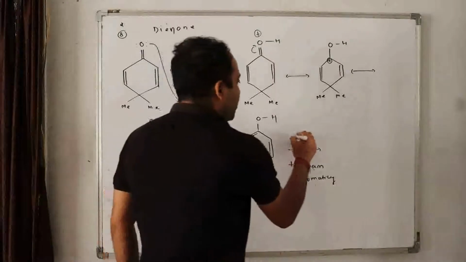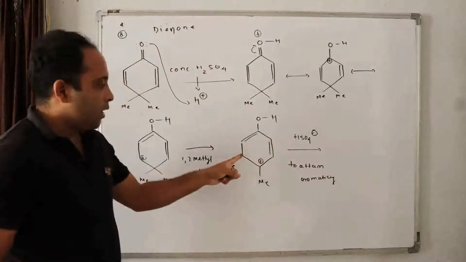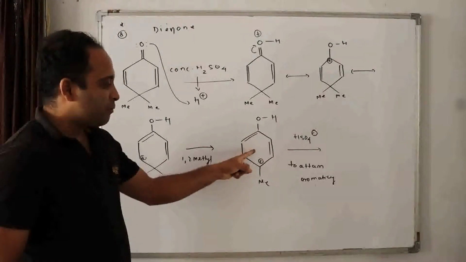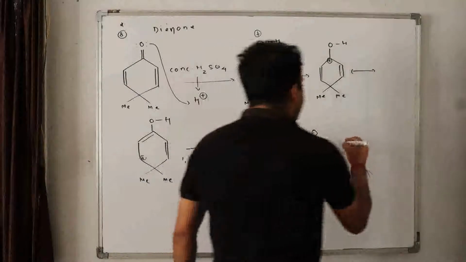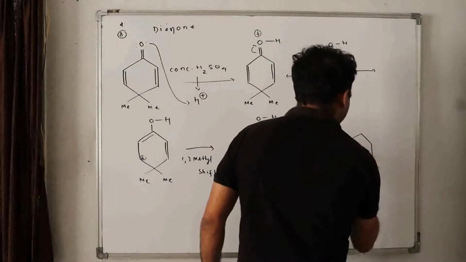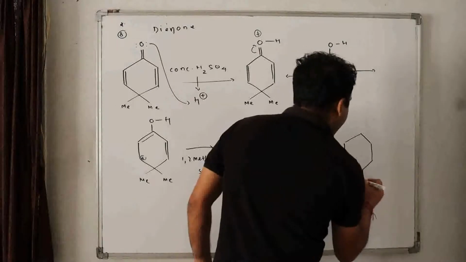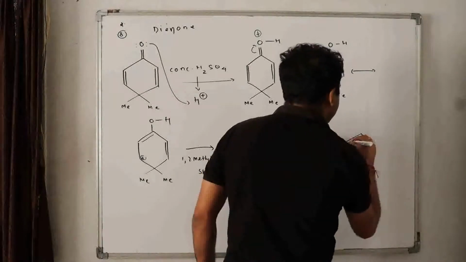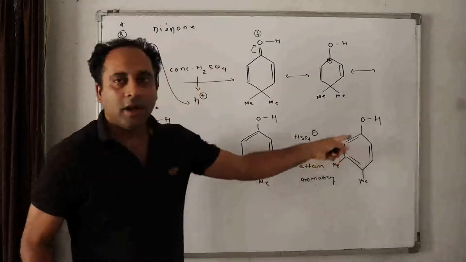What will happen? The HSO4 minus, the base present, what will it do? It will take out an H plus from this position. So this minus and this plus, what will happen here? Did I get something like this? An aromatic alcohol is there.